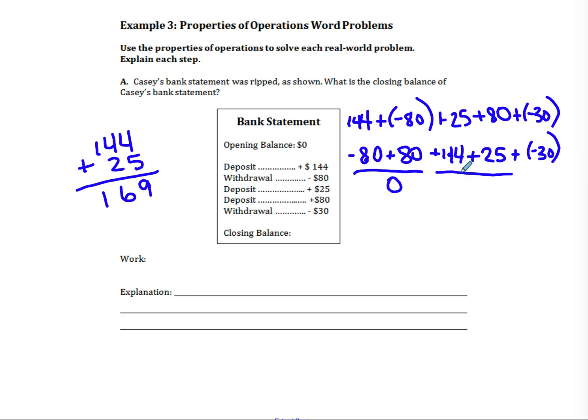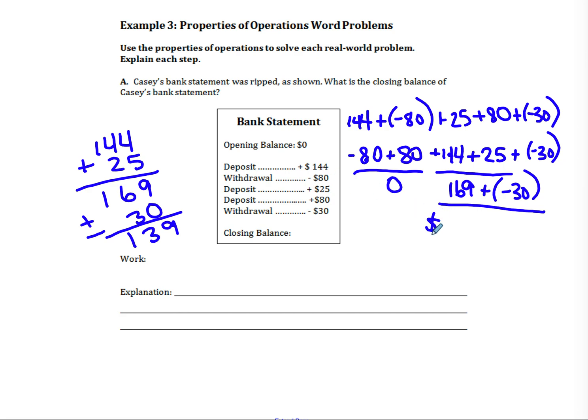Okay, so I've got 169 plus a -30. Different signs, find the difference. Again, if you want to, you can come back over and line it up. 9 minus 0 is 9. 6 minus 3 is 3. Bring down my 1. So I have a positive $139.